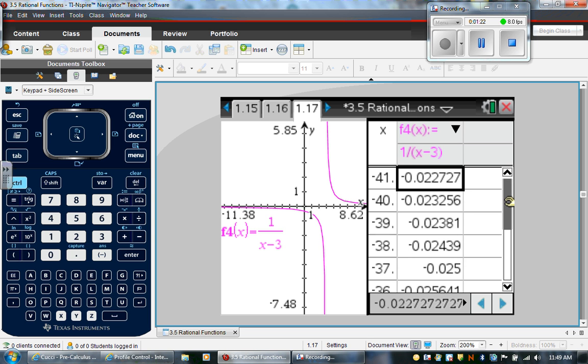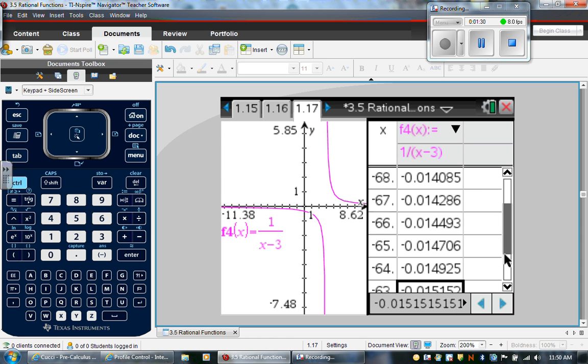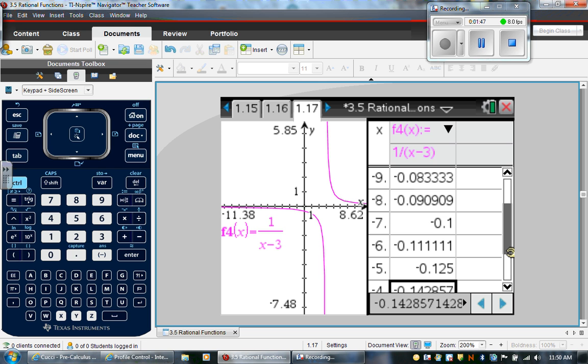Okay, the higher x gets, or the lower x gets in this case, the closer it gets to 0, but never actually reaching it. And same thing as x gets larger, the y value also seems to be approaching 0, but never actually gets to it. Okay, so that's another way we can look at it.